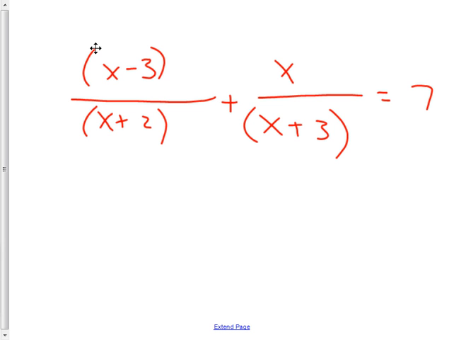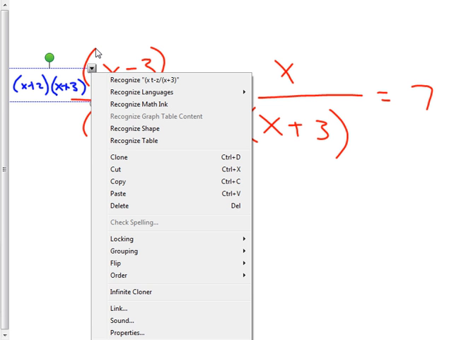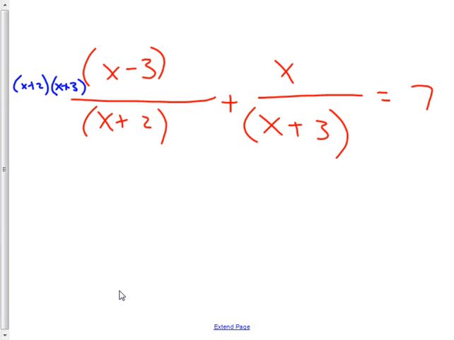So I have to multiply by x plus 2 times x plus 3. And I have to do that there and over there. That's a much more difficult one to solve. But bottom line is it's the same process. You just got to know you multiply by both of them together.